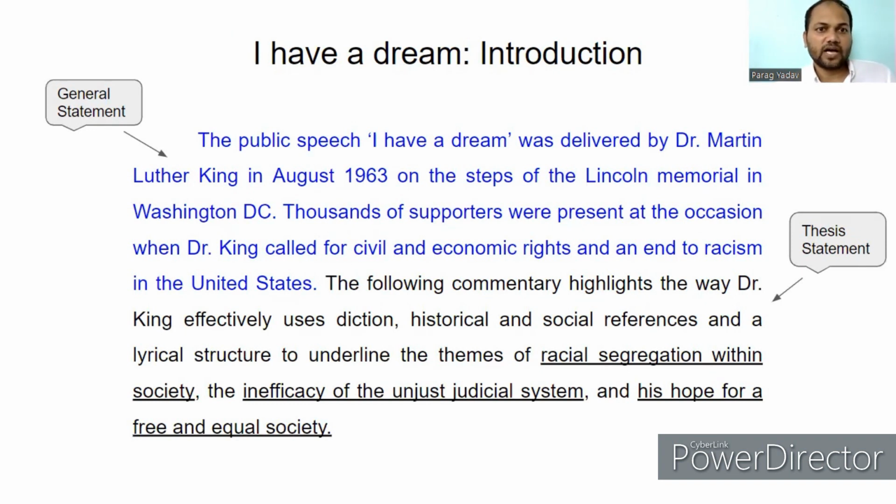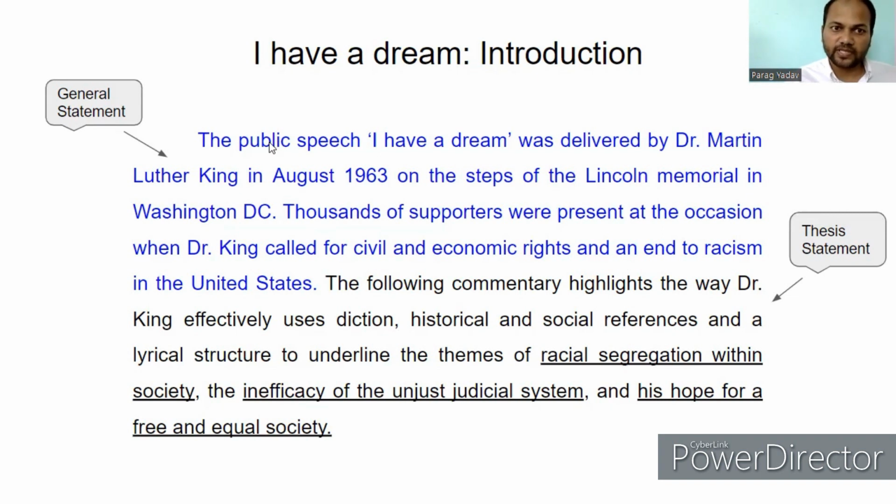The public speech, I Have a Dream, was delivered by Dr. King in August 1963 on the steps of the Lincoln Memorial in Washington, D.C. Thousands of supporters were present at the occasion when Dr. King called for civil and economic rights and an end to racism in the United States. So this general statement has all the WH answers.